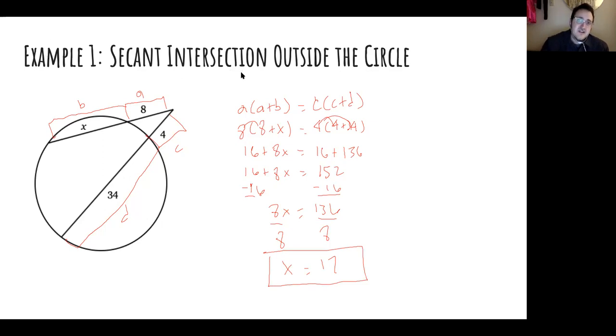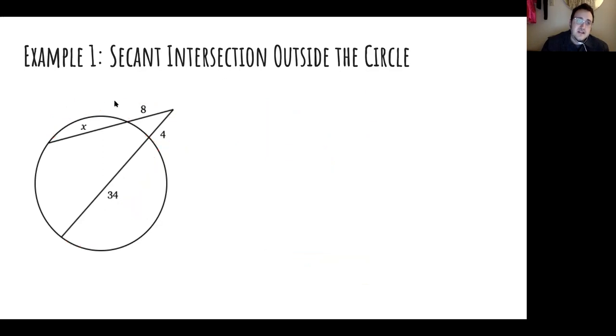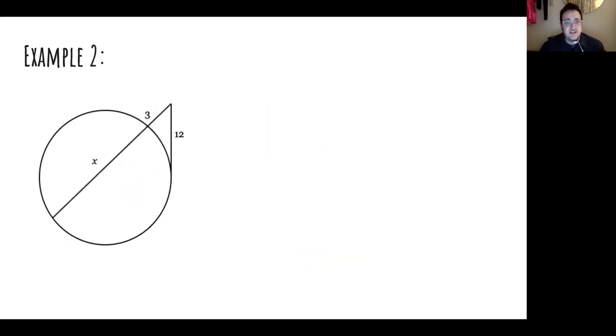Okay, so let's go to the next one. So let's actually take a look at a tangent line problem now. So this is a secant tangent, a secant tangent, as they say in French. I don't know if that's really how they say it, but it is what it is.